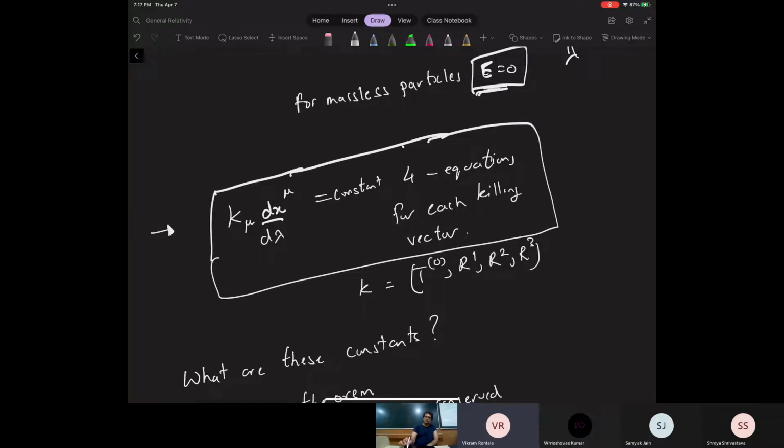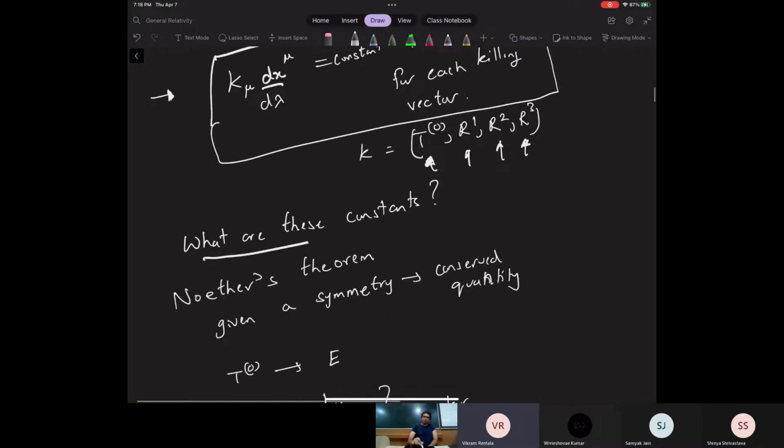This is basically 4 equations, one for each Killing vector. What are the Killing vectors? Time translations, and then R1, R2, R3, which are rotational Killing vectors. So what are these constants? There's a deep analogy with classical mechanics here. When you have some symmetries, then for every continuous symmetry you have a conserved quantity. This is known as Noether's theorem.